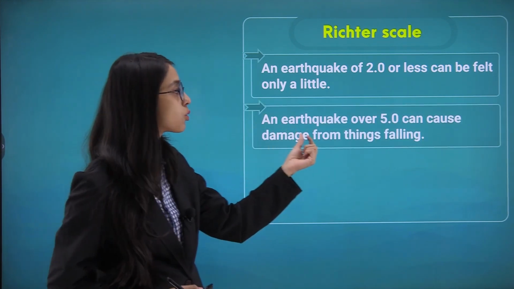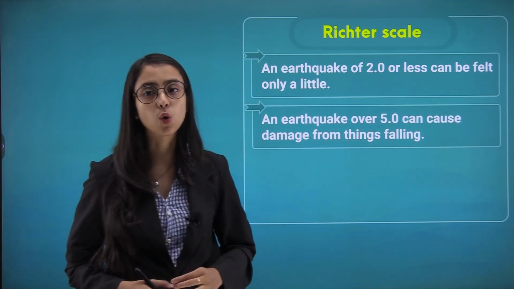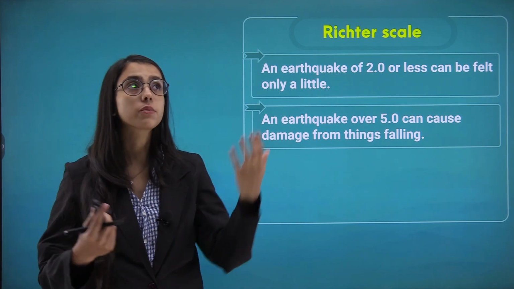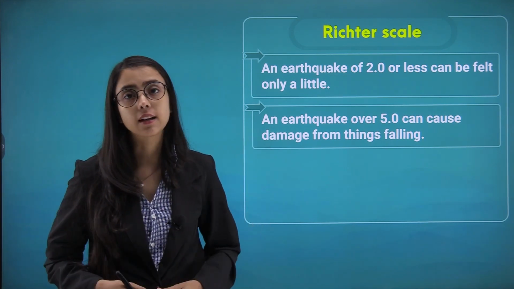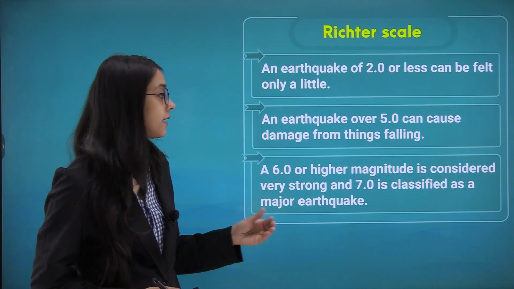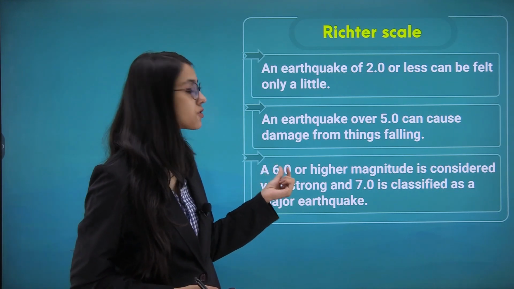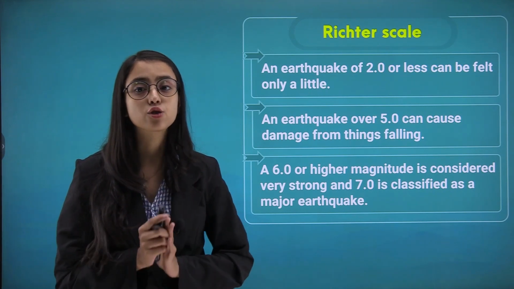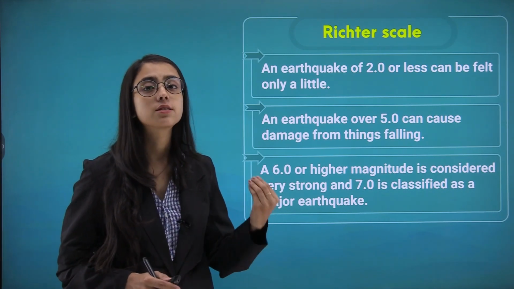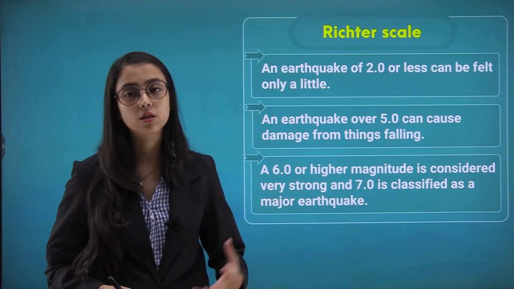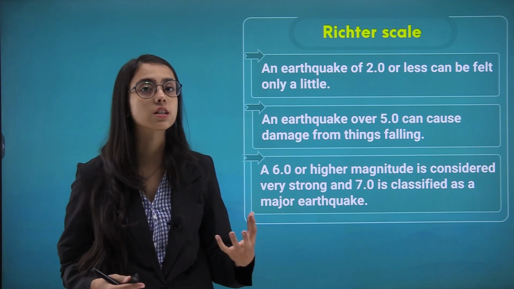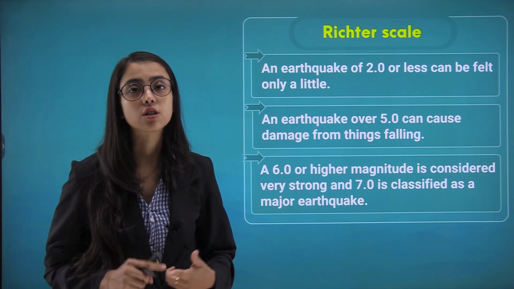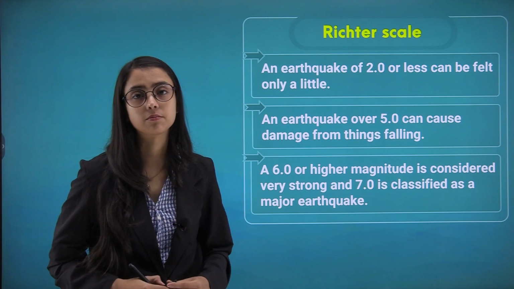However, an earthquake over 5.0 can cause damage from things falling, buildings cracking, etc. And an earthquake of 6.0 or higher magnitude is considered very strong, and 7.0 is classified as a major earthquake, and it can result in loss of infrastructure, loss of life, etc.